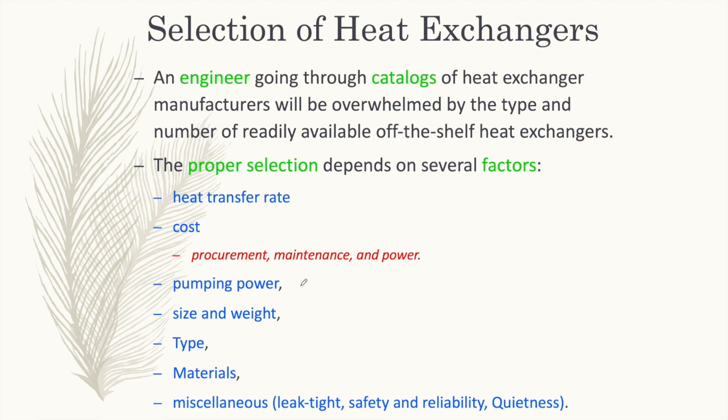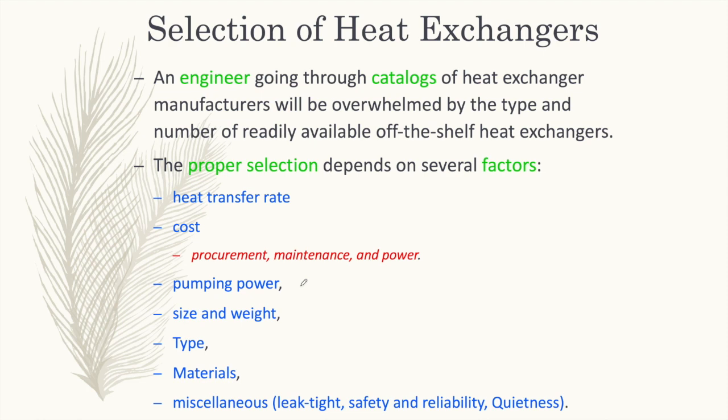Okay, now we go to the selection of heat exchanger. An engineer going through catalogs of heat exchanger manufacturers will be overwhelmed by the type and number of readily available off-the-shelf heat exchangers. So the proper selection depends on several factors.